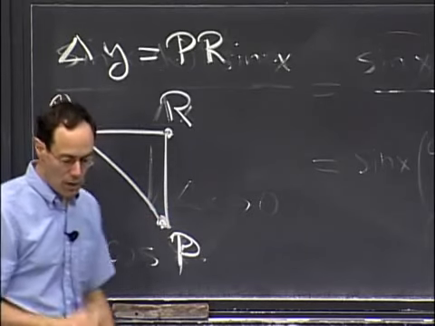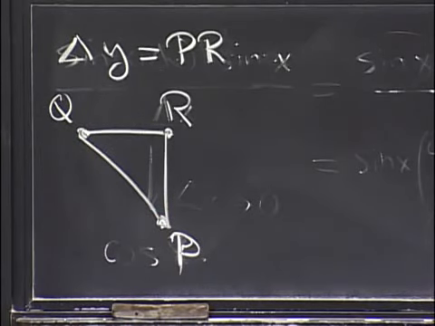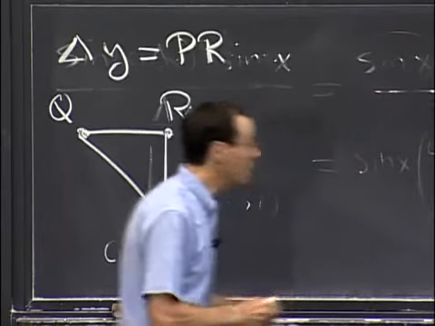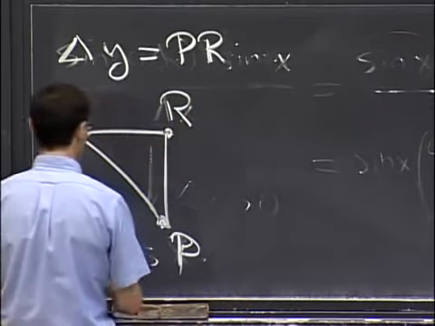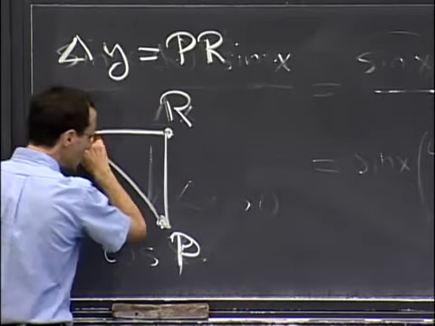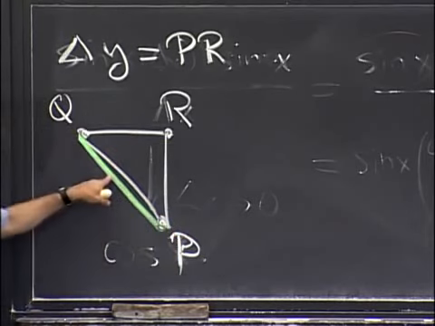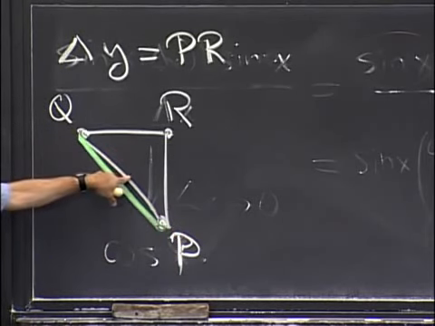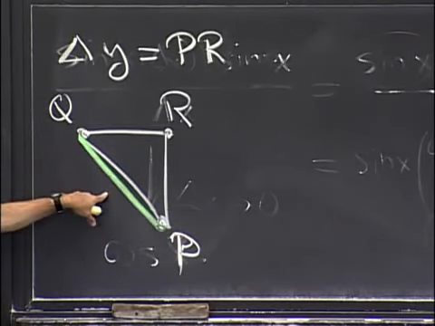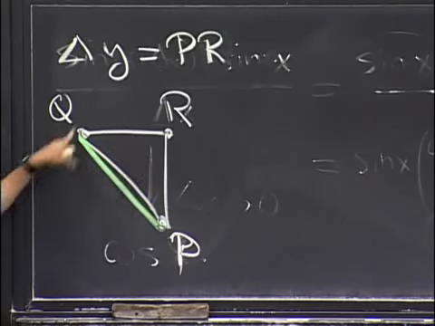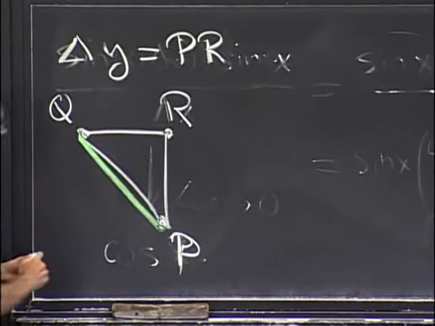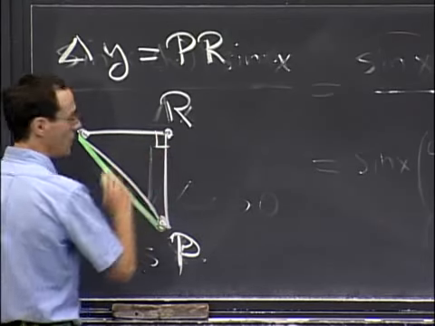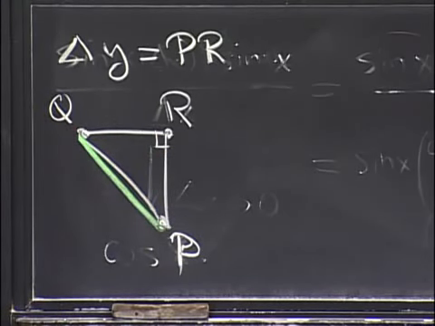But really, what I want to keep in mind is something that I did also in all these other arguments, which is, maybe I should have called this orange, but I'm going to think of this straight line between. So it's the straight line approximation to the curve that we're always interested in. So the straight line is much simpler because then we just have a triangle here, and in fact, it's a right triangle. Right? So we have the geometry of a right triangle, which is going to now let us do all of our calculations.